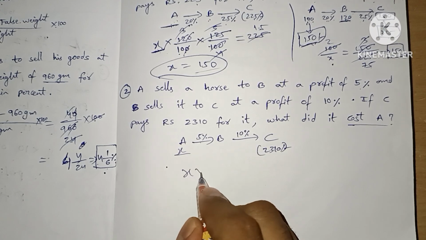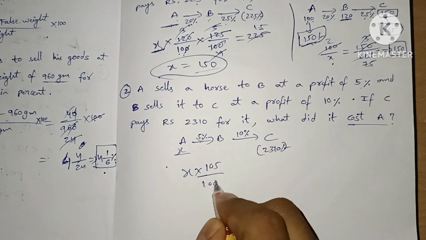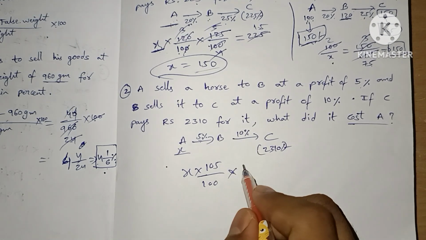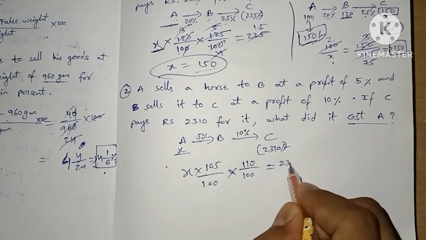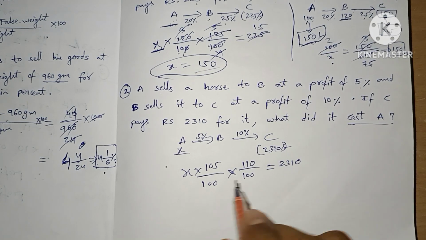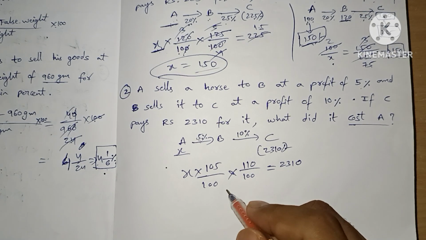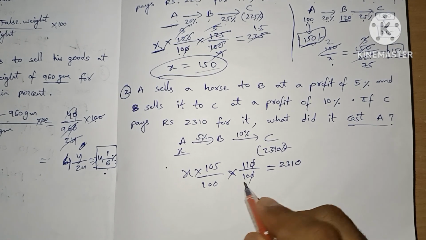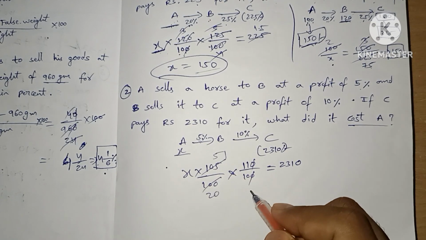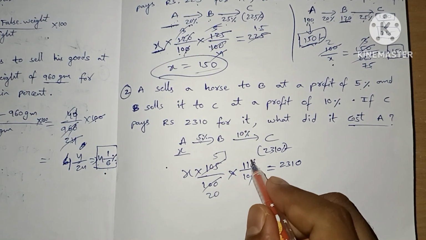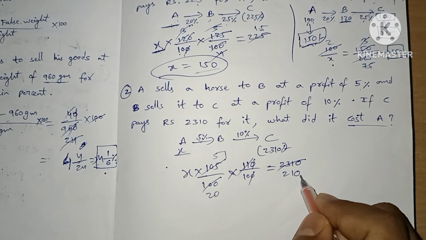So the question is X into, 5% profit means 105 divided by 100, into 10% profit means 110 divided by 100, and paid 2310. So 0 cancelled, and this is 21 times and 20 times. Now 11, 21 times and 0 to 10 times.